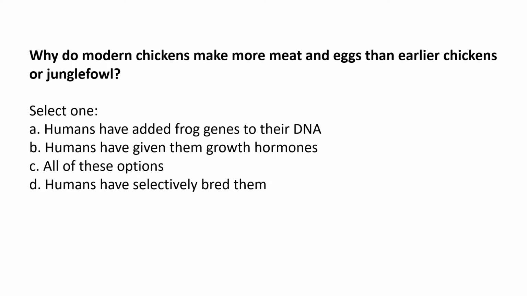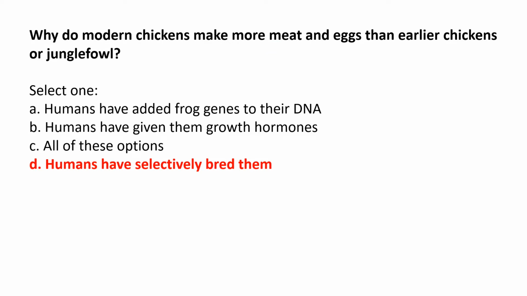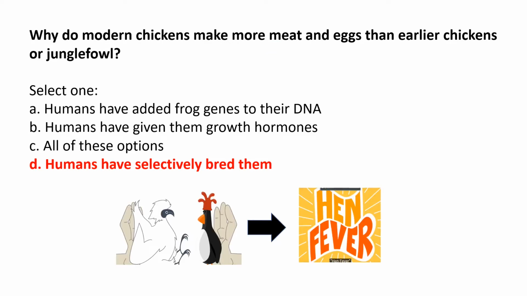Second question: why do smaller chickens make more meat and eggs than earlier chickens? Here you have all the options, and the answer is D. As we discussed in the video, selective breeding, artificial selection, has played a key role.